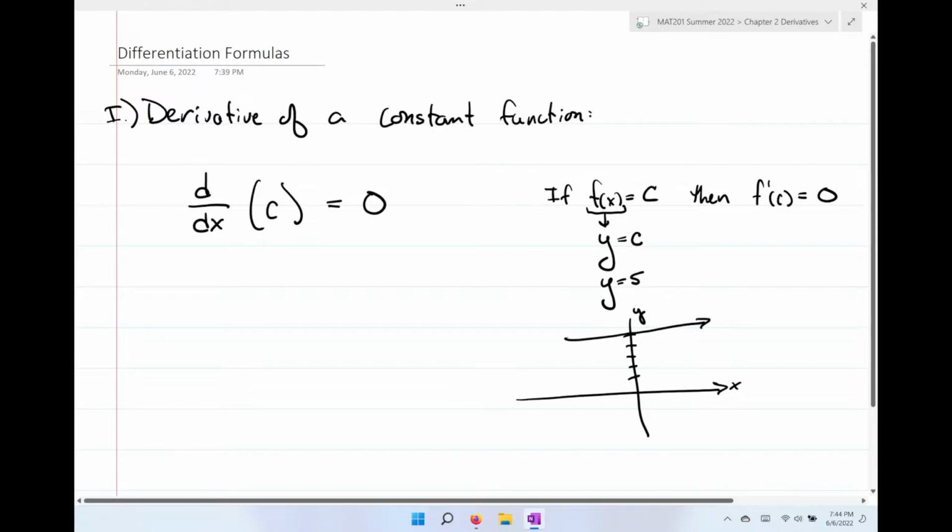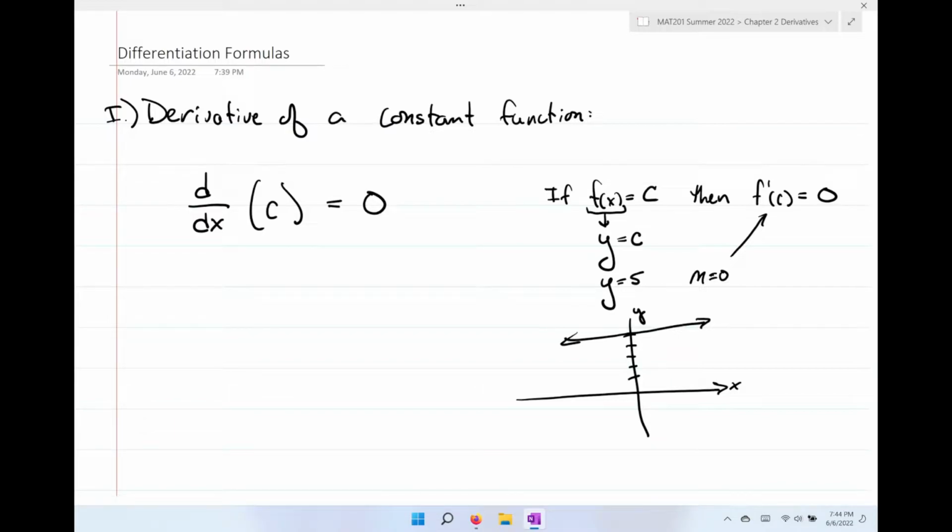So it would look something like this. We also know that the slope of all horizontal lines is equal to 0. So naturally, the derivative, which is the measure of the rate of change at a specific value, is the slope, should also equal 0. So the derivative of a constant equals 0.